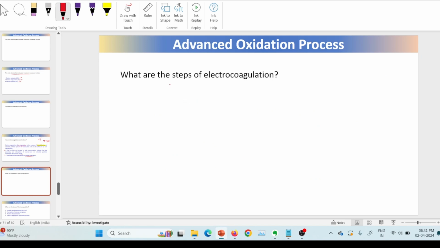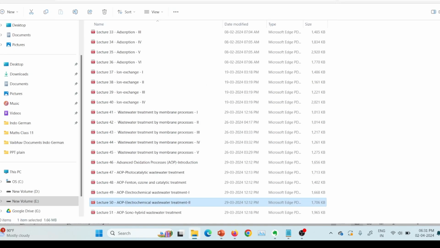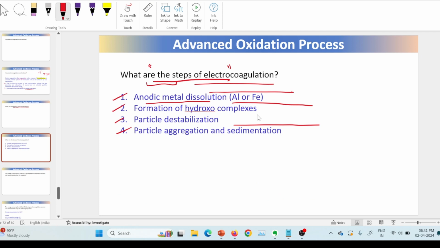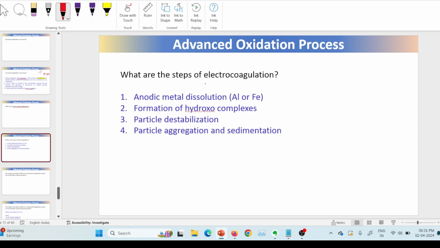What are the steps of electrocoagulation? First is anodic metal dissolution.